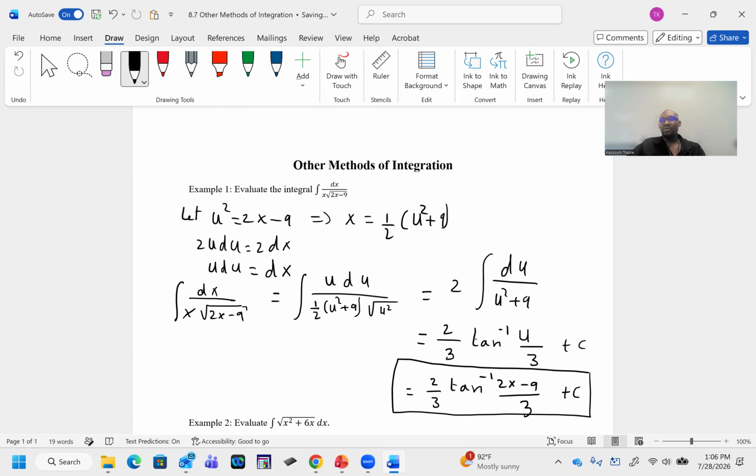But again, oh, sorry, u squared is that, so I have to have a square root here. That is u squared. So we are substituting u, not u squared. Yeah, I knew something was wrong.